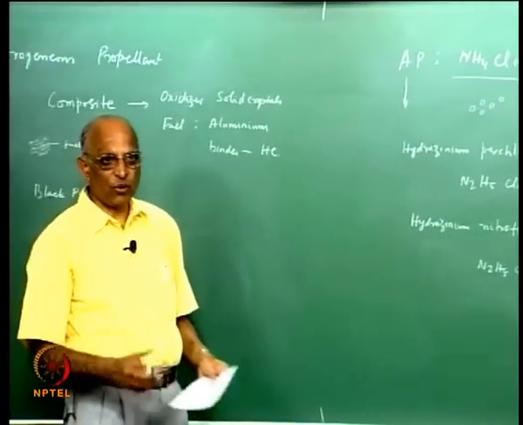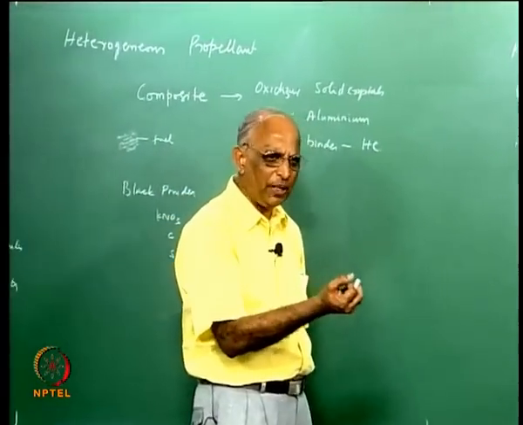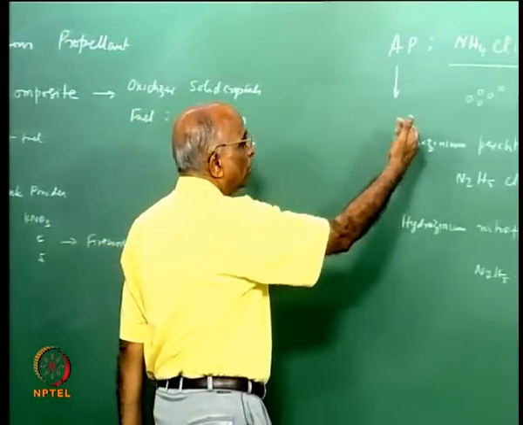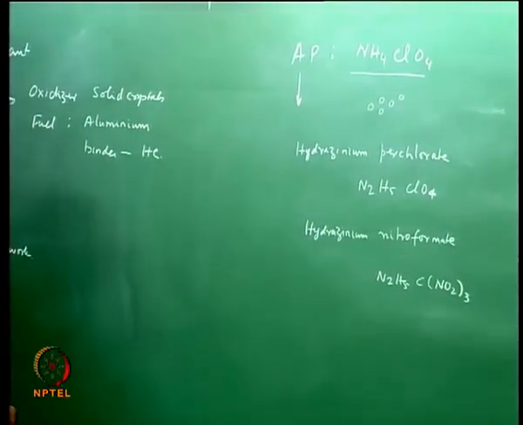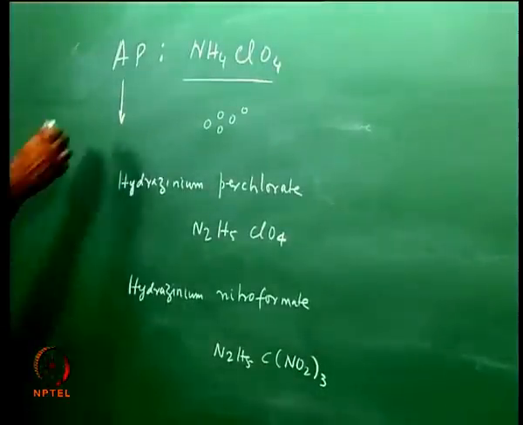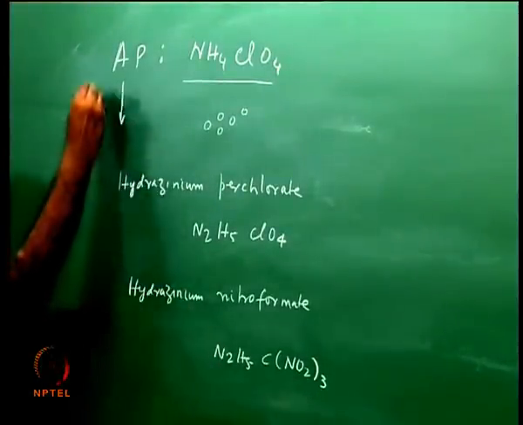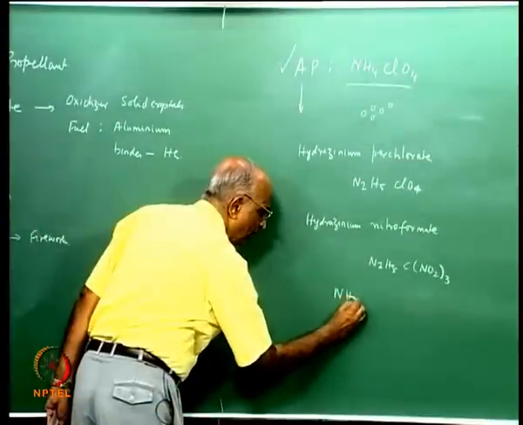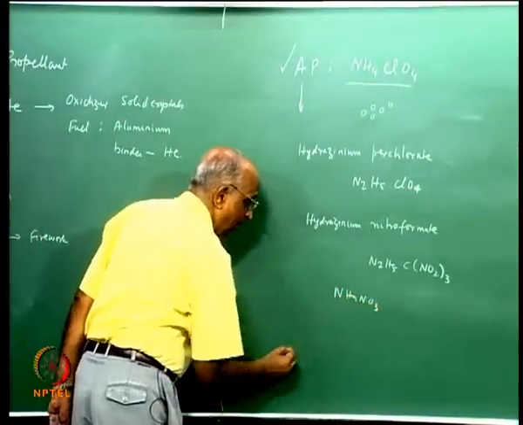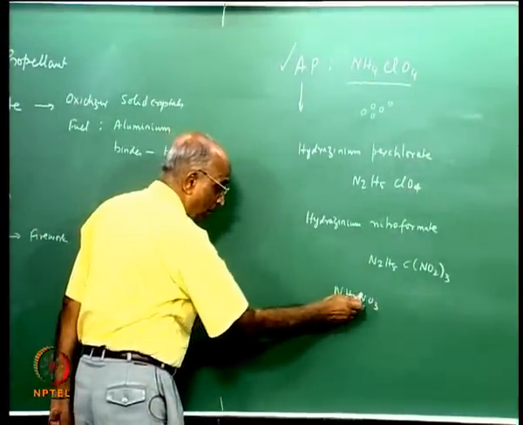We have things like coated AP instead of having the raw AP, such that it is more easily processable. I will come back to that point a little later. We could have a choice of different types of oxidizers. We could use maybe NH4NO3, it also contains oxygen, but it is hygroscopic, with not much energy.